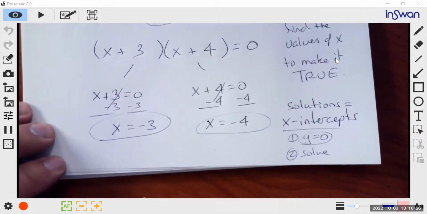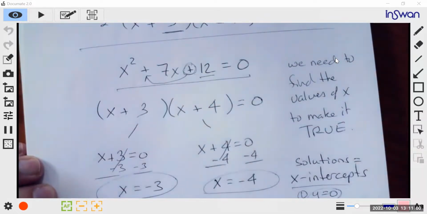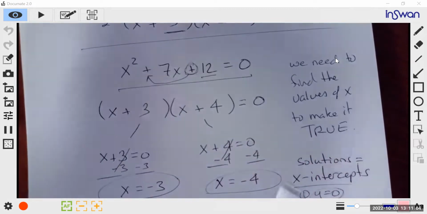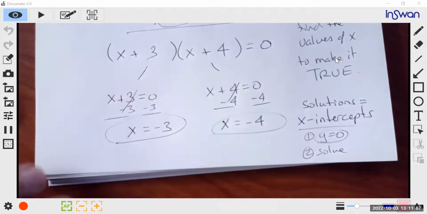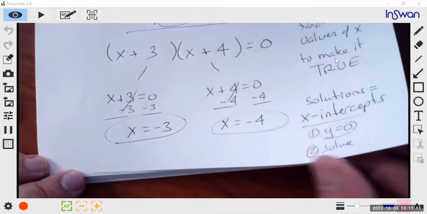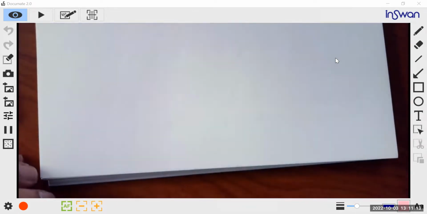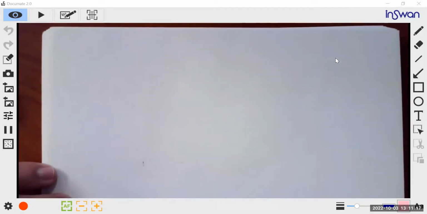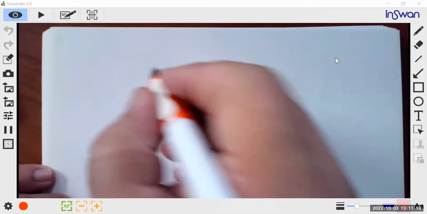And that's what we did the first step. Because it had to be equal to 0 before we go any further. So because y is equal to 0, we're finding the x-intercepts. We'll try another one? Okay. And then we're going to increase the difficulty to have coefficients now that don't easily work out this way.